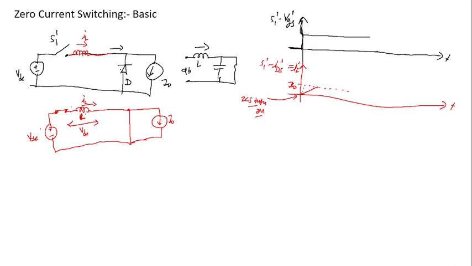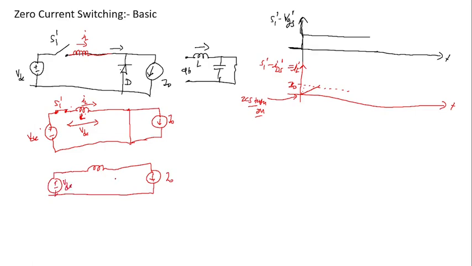Let's say I want to turn off the device at zero current. What do I have to encounter? Before turning off this switch S1 prime, it is my responsibility that this inductor current goes completely to 0. I have to introduce another branch of current that will carry the load current I naught, instead of the device.